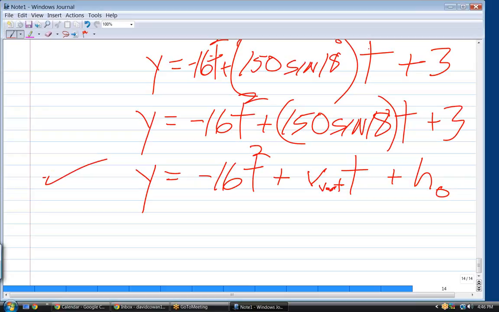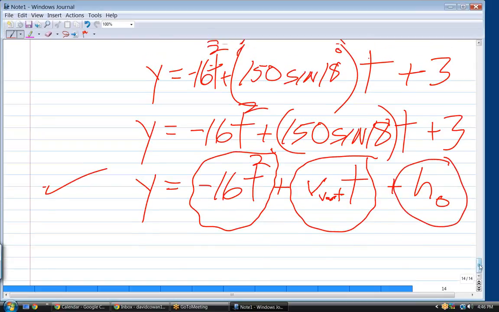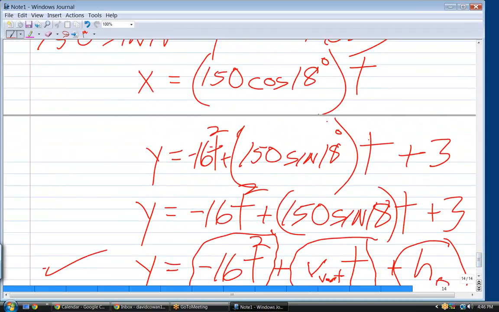The vertical component is always going to be affected by gravity, that part there, by the vertical component of its velocity, and by its starting height. Whereas the horizontal movement is affected only by the horizontal component of its velocity times the amount of time it's in the air. Gravity has nothing to do with its horizontal motion other than the fact that it's going to put it on the ground sooner than it would without gravity.